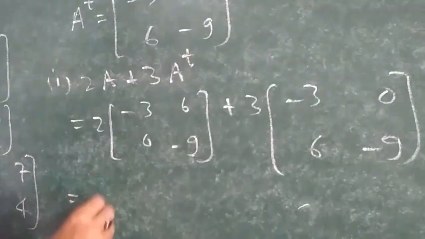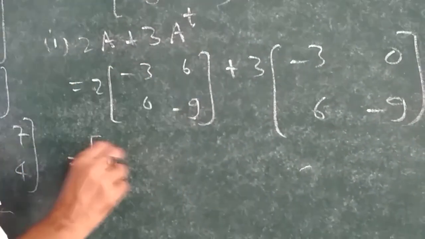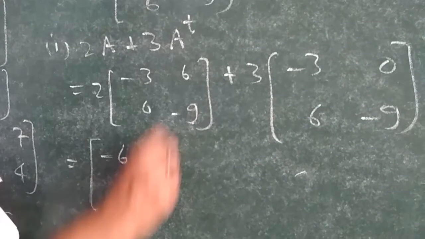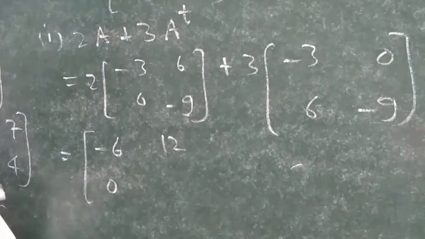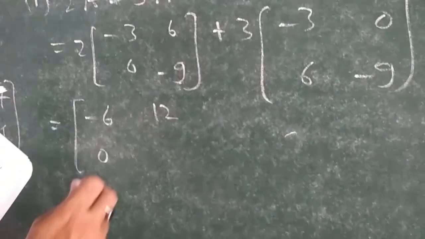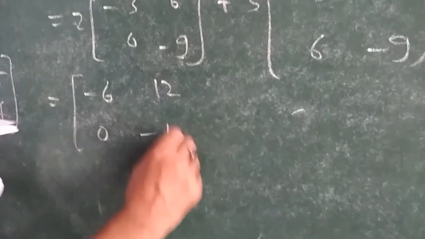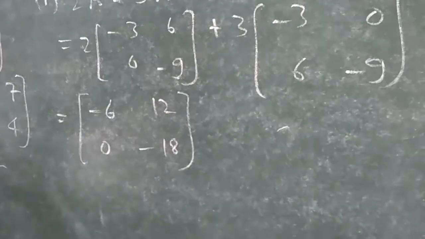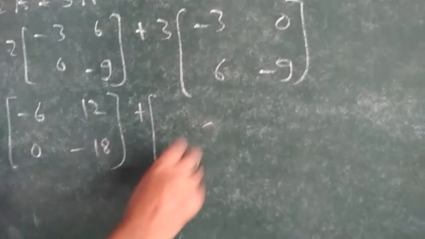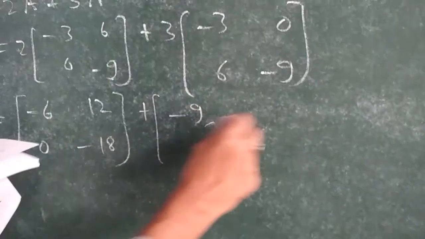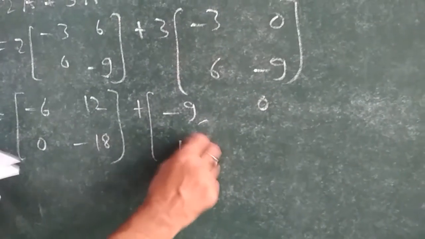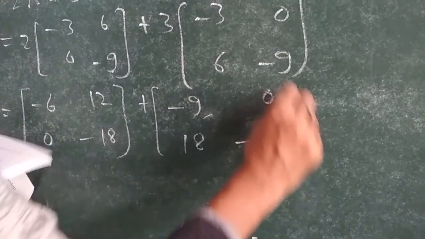Now to multiply: 2 3s are minus 6, 2 6s are 12, 0, 2 9s are 18. Same way, 3 3s are minus 9, 0, 3 6s are 18, 3 9s are 27.